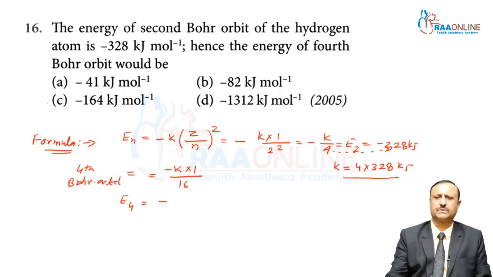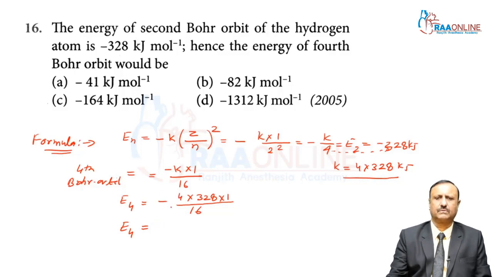Here you can put the value of k. So E4 is equal to minus 4 into 328 into 1, since Z is equal to 1, upon 16.